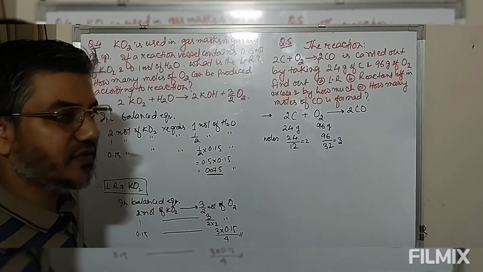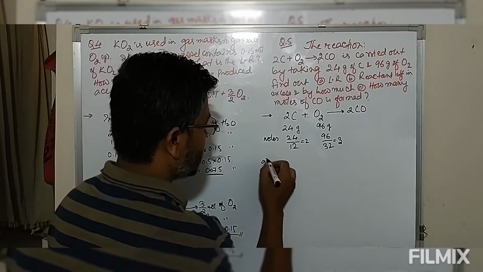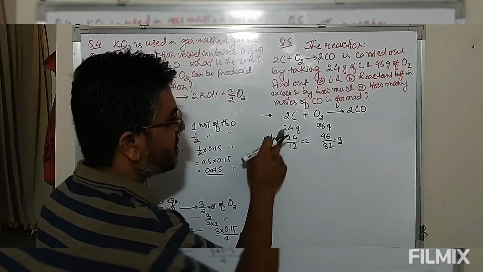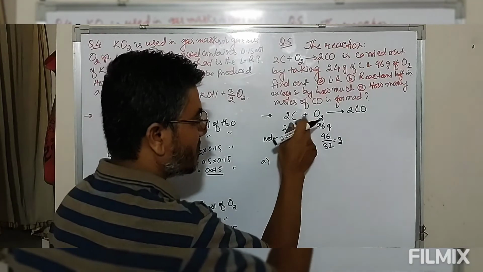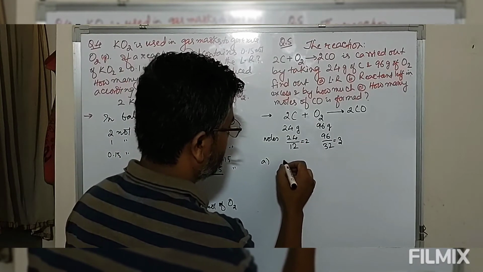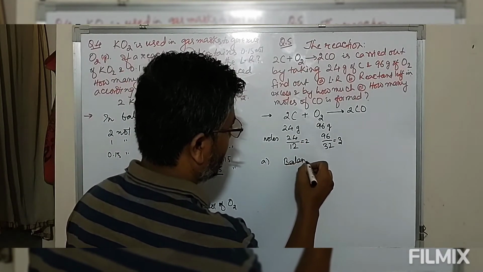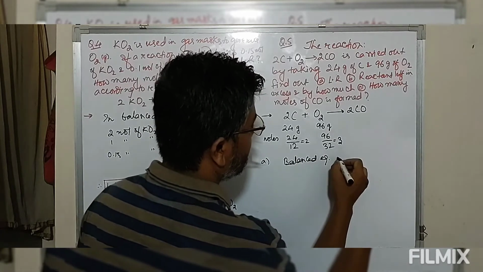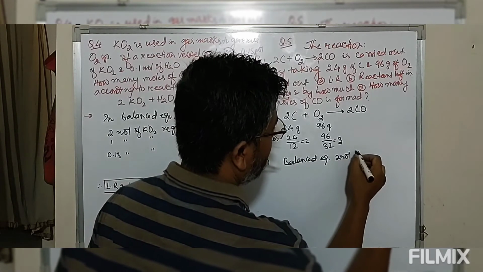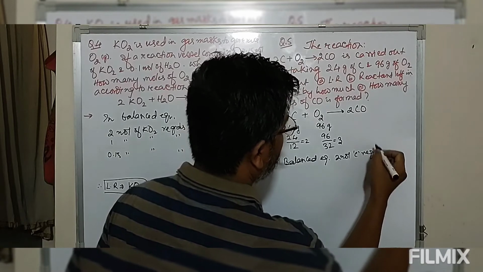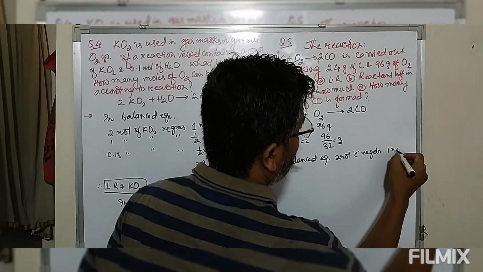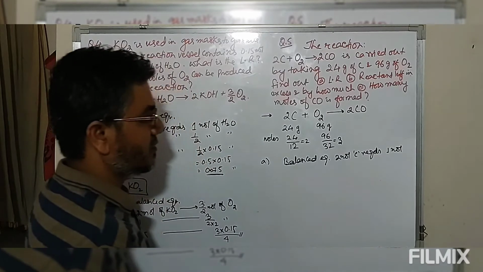Then what is the limiting reagent? So let's see the first, limiting reagent. Now if you look at this balanced equation, 2 mole of carbon requires 1 mole of oxygen.